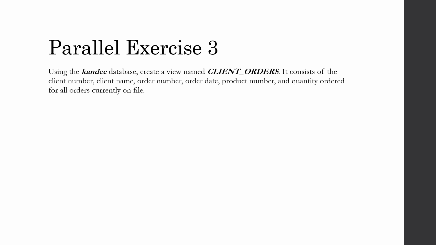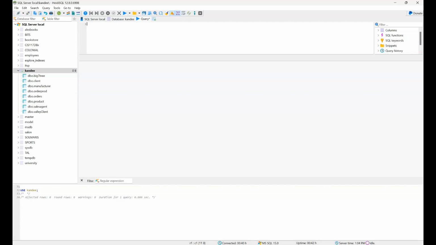Parallel exercise 3. Using the Candy database, create a view named Client Orders. It consists of the client number, client name, order number, order date, product number, and quantity ordered for all orders currently on file. Parallel exercise 3 continues our exploration of views, and we're going to create another view.